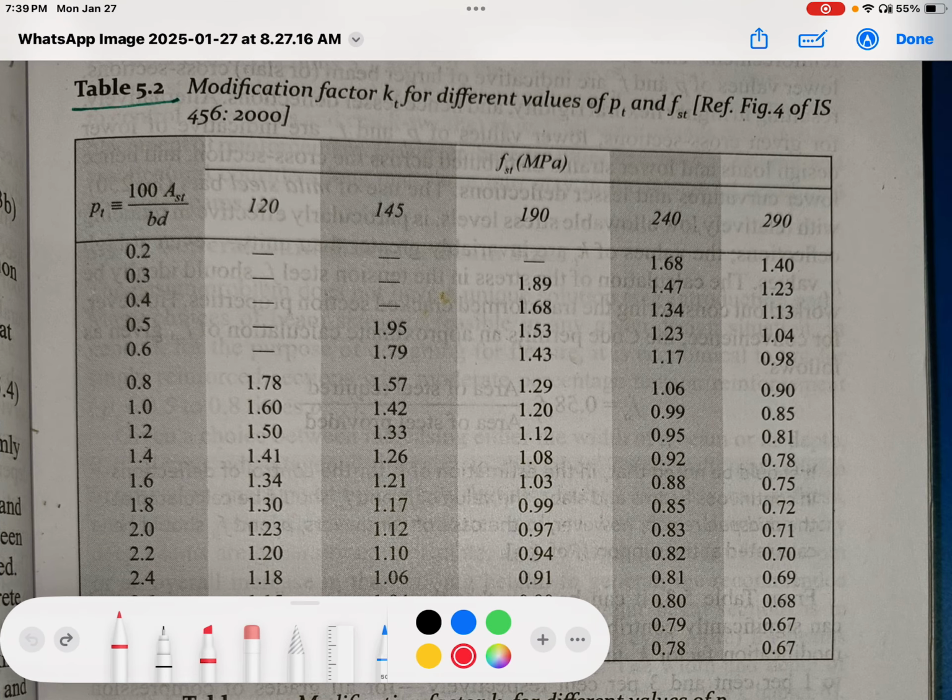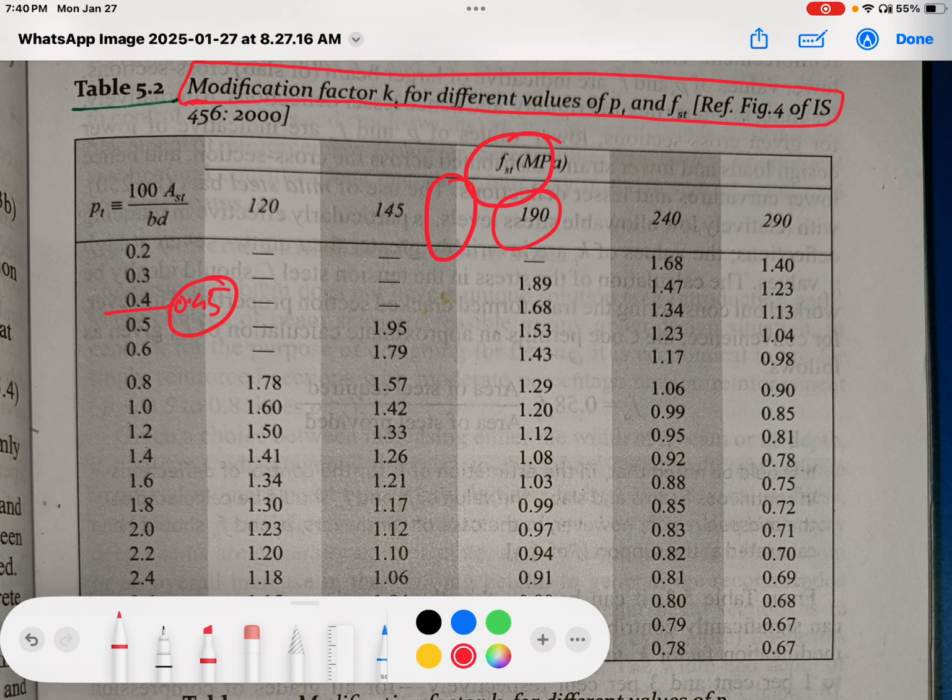Sometimes it gets very difficult to calculate the modification values from that chart, because it may not coincide every time. Like this time we have got fs value as 190, but we can get somewhere in between this also. Let's say our percentage of steel is not exactly 0.3, 0.4. Let's say our percentage of steel is 0.45.